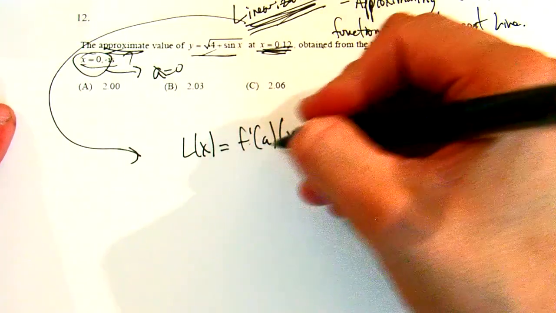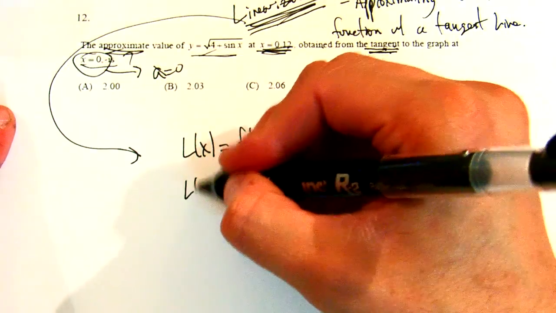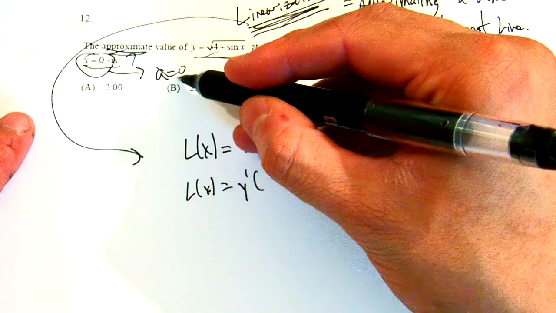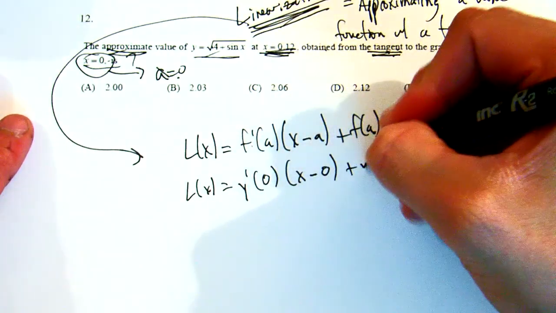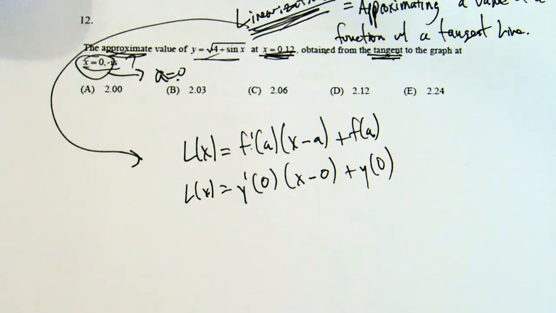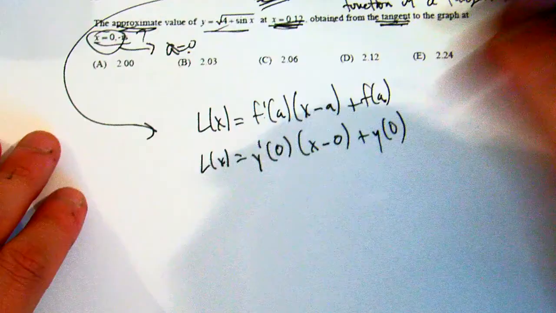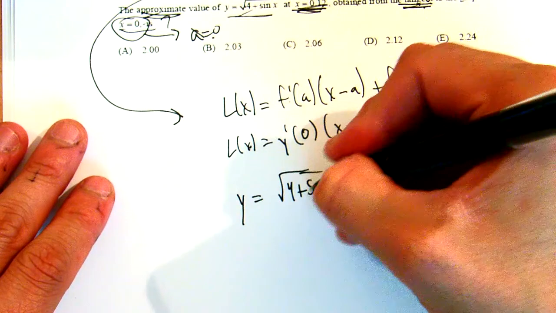So we're going to just go ahead and do so right now. We need to find the derivative, and we're going to plug it in. So I'm going to rewrite this in terms of my function. L of x equals y prime of 0, and remember a is 0, so y prime of 0 times x minus 0 plus y of 0, right? So what is y prime of 0? Well, first I got to take the derivative and plug in 0. We know y is this guy here.